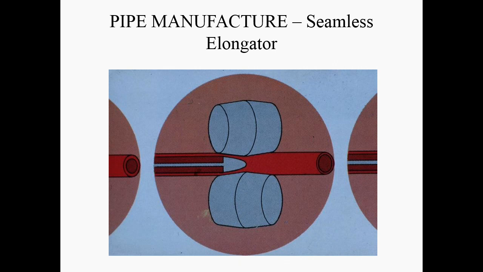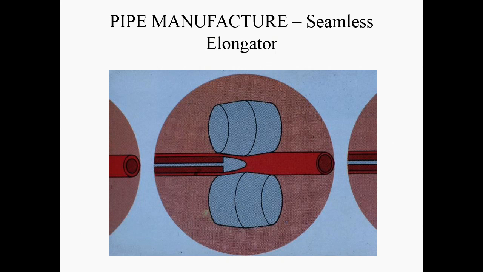So what you can see here with this roller is that the roller is squeezing the pipe a little bit. The tool here is fixed, and then this is being dragged forward by the geometry of the rollers and flowing over this tool. So you've got this solid sort of billet, or the thicker wall tube on this side, and you're making it into a thinner wall tube by dragging it past this tool set.